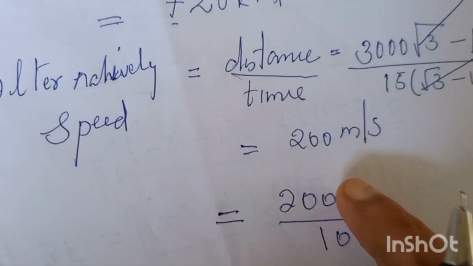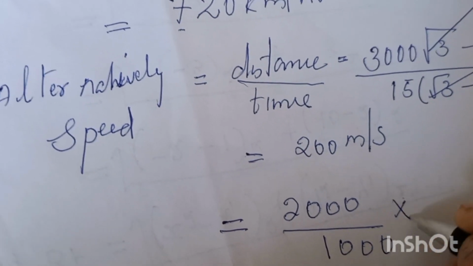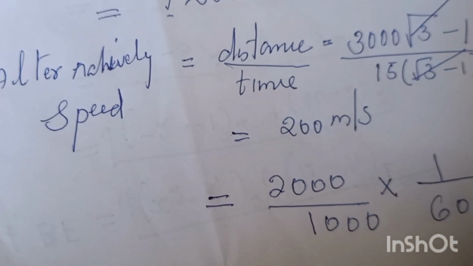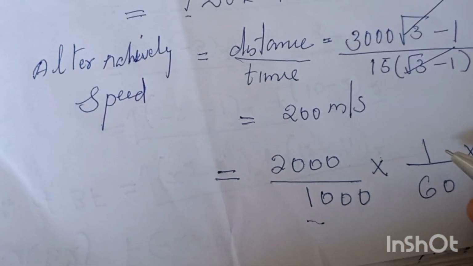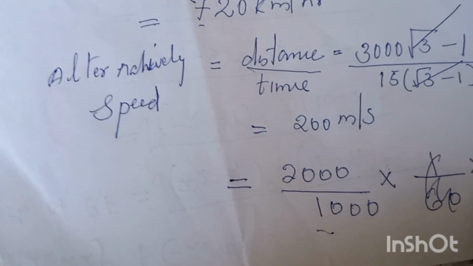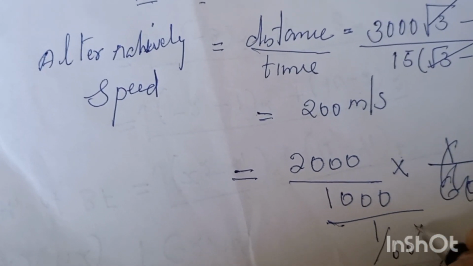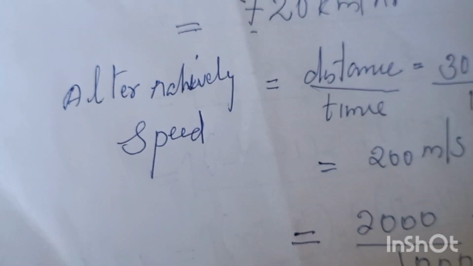So 200 meter we can convert into kilometer. And second to hour, so time is equal to 1 by 60 into 1 by 60. Same thing we get, isn't it?